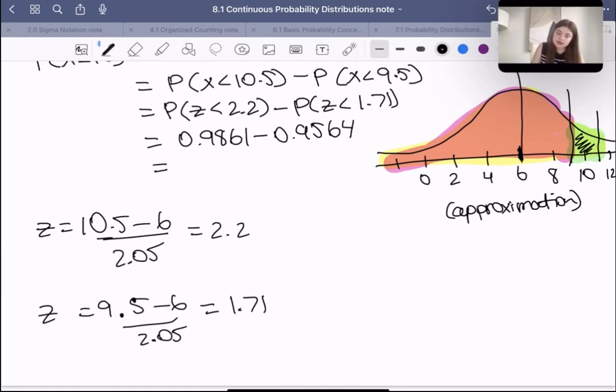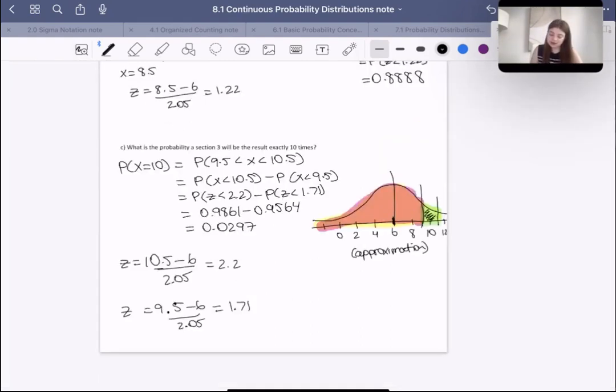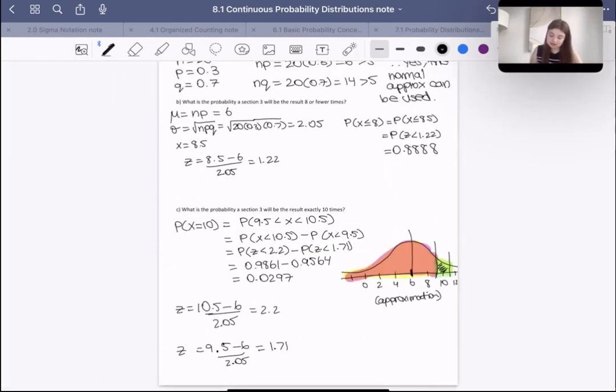And that's going to end up giving us 0.0297, so just shy of 3%, right? And that makes sense because, what's the probability this will happen exactly 10 times? So no more and definitely no less, right? Most of the time when we have a mean, especially a mean of 6, then it's going to be less, especially since our standard deviation is 2.